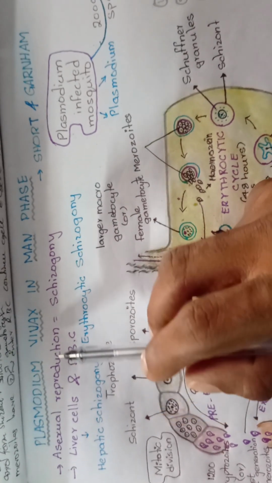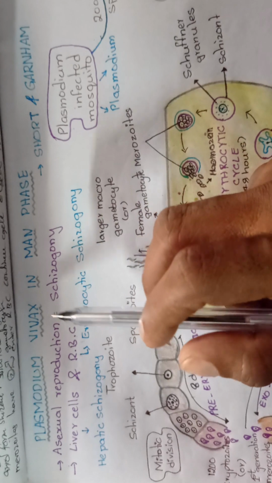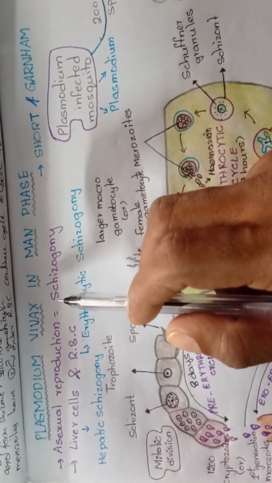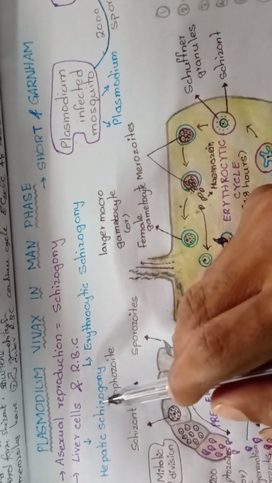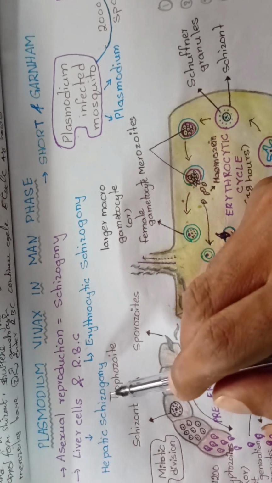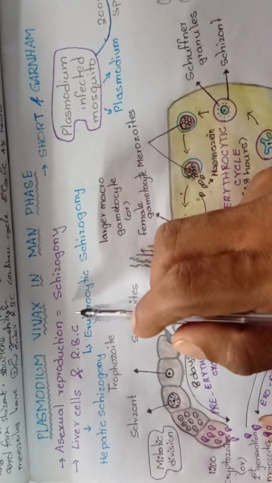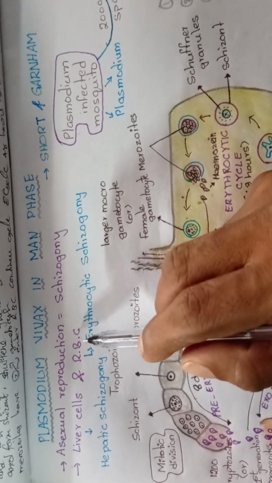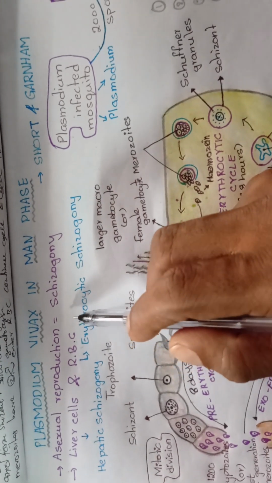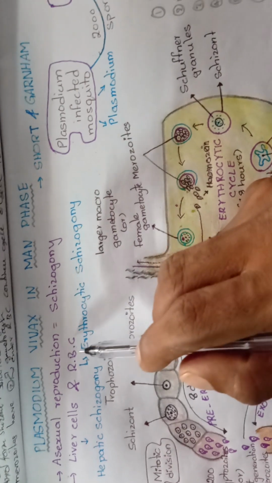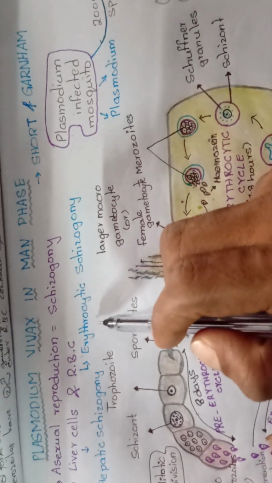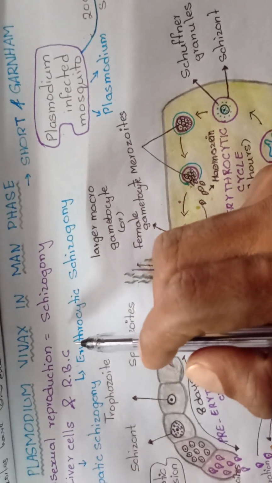The asexual reproduction process goes on in this man phase, so it is schizogony. When it occurs in the liver cells, it is called hepatic schizogony. In red blood cells, which are nothing but erythrocytes, it is erythrocytic schizogony.